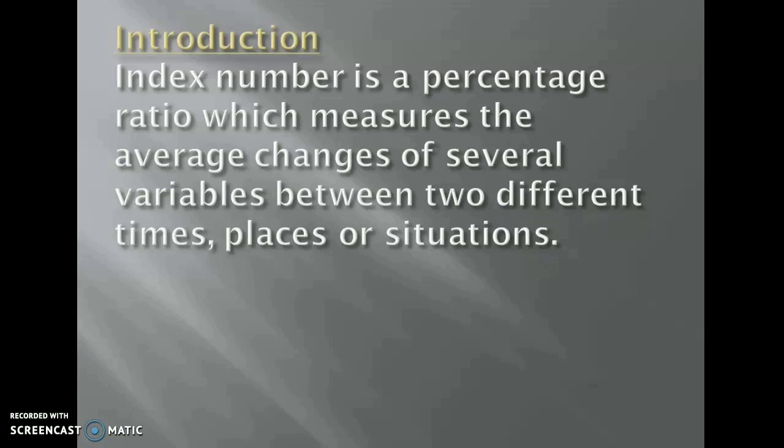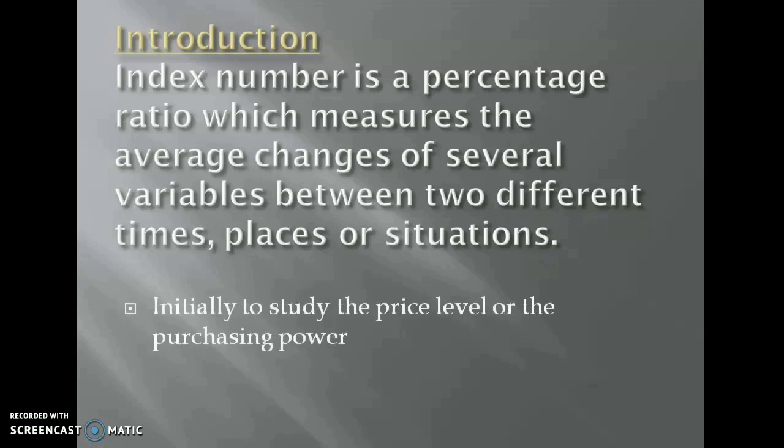So this was done to study the effect of discovery of America on the price level in Italy. Initially, the index numbers were designed to study the changes in the price level or the purchasing power of money. But now this index number we can see in almost all the fields.